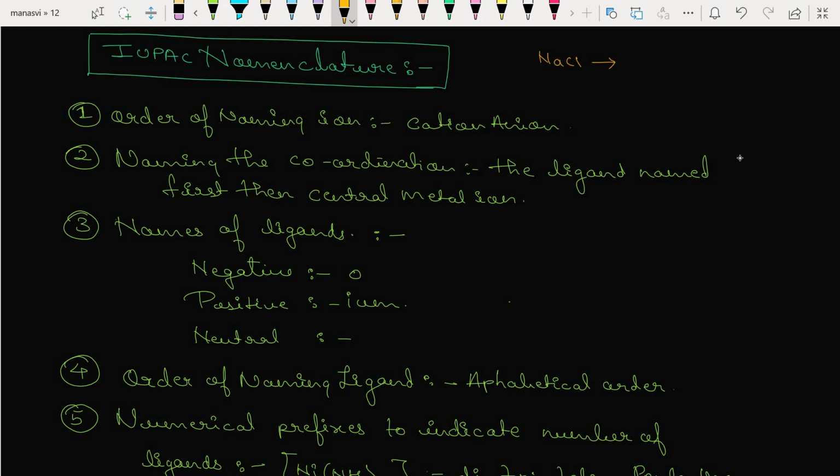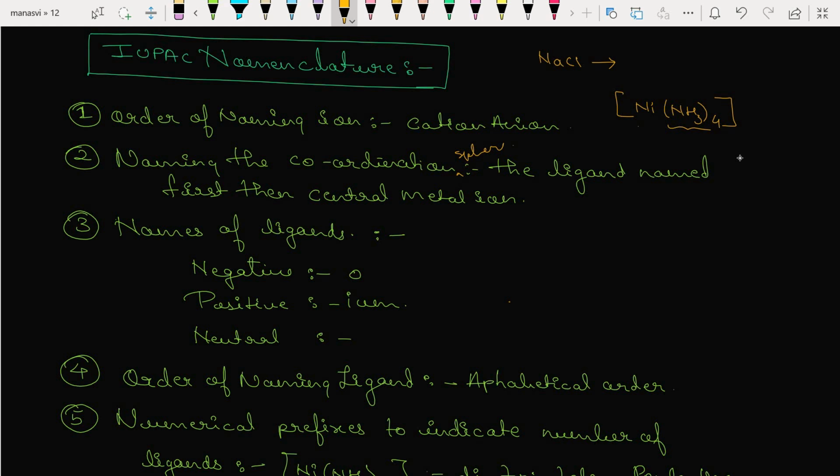Second, naming the coordination sphere. Taking the same example as before, whenever I want to name this coordination compound, I name the ligand first. Whenever you write the IUPAC name of a coordination compound, for the elements in the coordination sphere, you write the name of the ligand first, followed by the name of the metal ion.